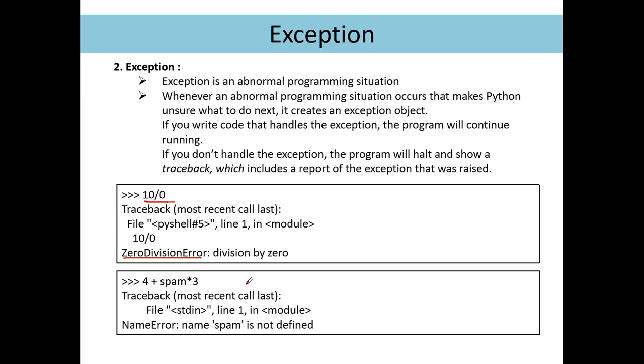Next, we have 4 plus spam into 3. Now, what is spam? Spam has not been defined before this execution, so that's why it has this kind of exception. Name error means this name is not attached to any value. That's why it is giving this kind of exception. So these are exceptions.